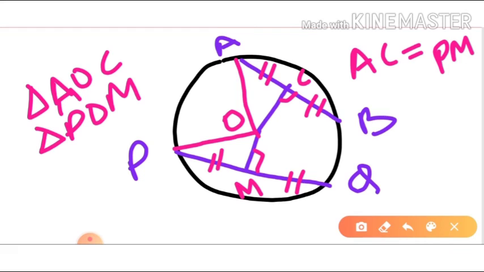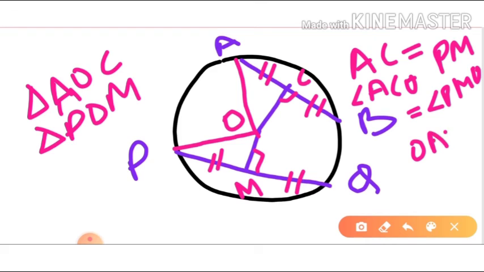Yes, and then they are right angle triangles. So these angles ACO equal to PMO, both are right angles. Okay, and OA is equal to OP. Why? Because they are the radii of the same circle. So that means by SAS they are congruent.